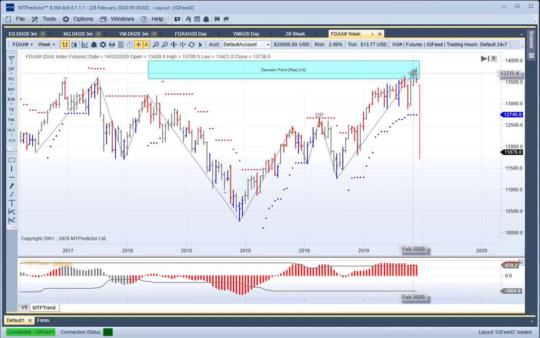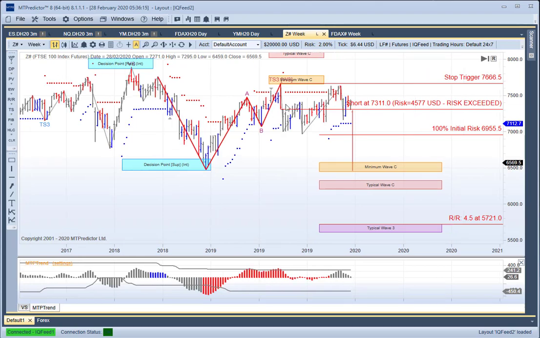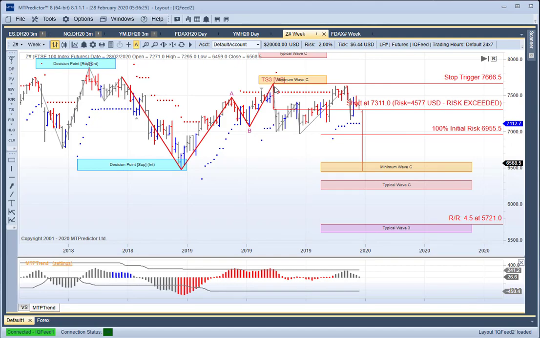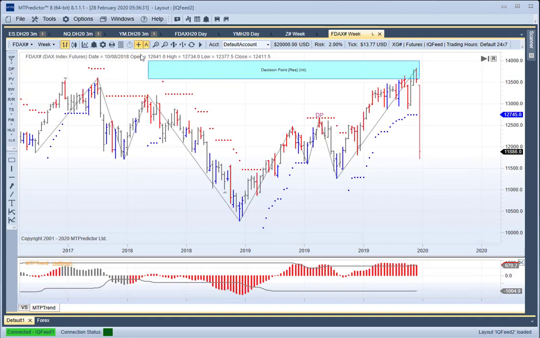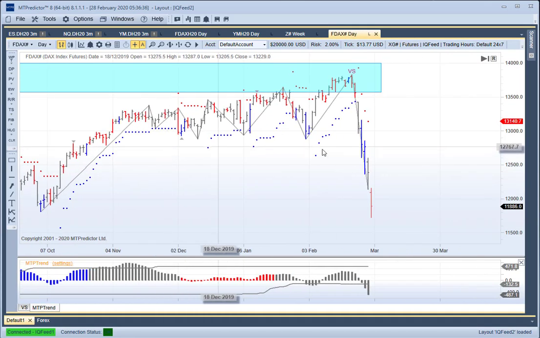So there was weakness coming in here on the German stock market, which on the weekly chart would come into the weekly DP high, and also weakness on the British stock market, the FTSE, where we were coming off a major high at DP resistance back here last year, and even more significant, earlier this year, a W3 or wave 3 trade setup to signal a further decline here. So even though it's been a very sharp decline, it has come off areas where we would anticipate a particular reversal.